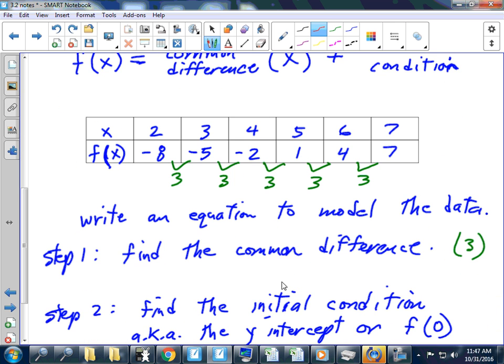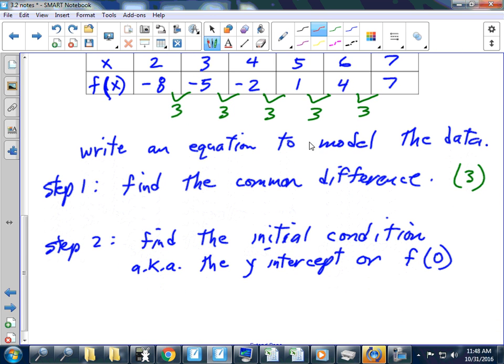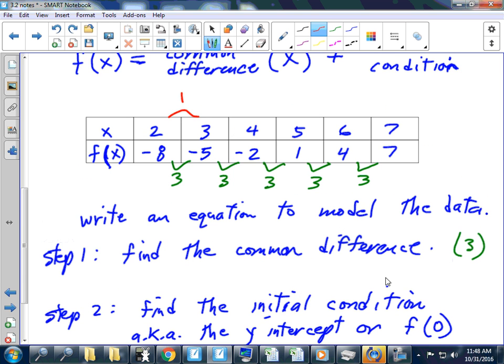Okay, so we found our common difference of 3 because for every 1 that we changed up here, it changed by 3 down here. Common difference. Find the initial condition. In other words, what happens when x is 0? Now, sometimes you're going to have to add more out here, and that's fine.